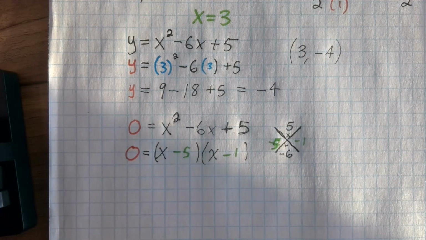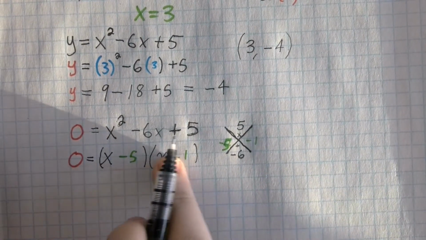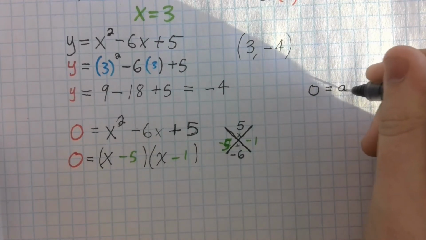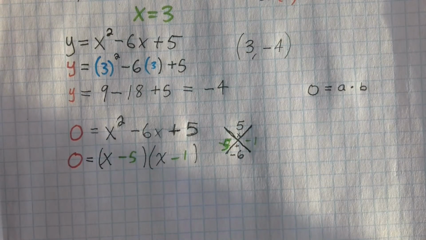Well, if 0 equals x minus 5 times x minus 1, we know something interesting here. There's a rule we can follow. Let's pretend for a second that instead of these complicated terms, we said that 0 equals a times b. Do we know anything about a or b?